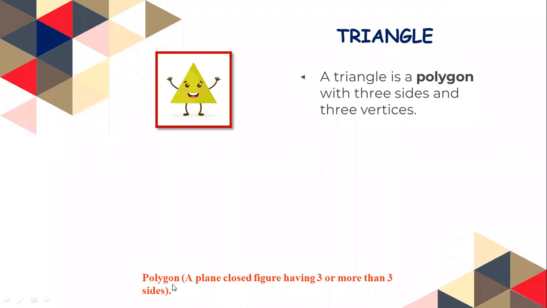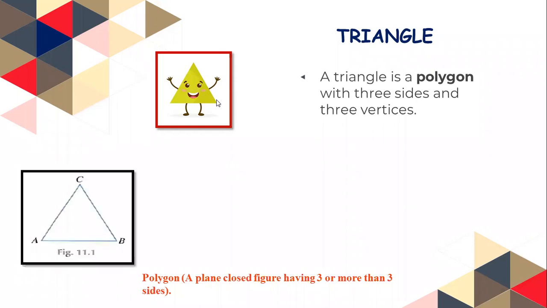A closed plane figure made up of 3 or more sides is called a polygon. So a triangle is from the family of polygons. A triangle is a polygon with 3 sides, like 1, 2, 3, and 3 vertices, like 3 corner points. These points are called vertex or vertices.